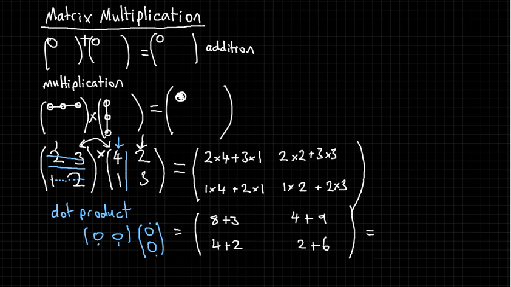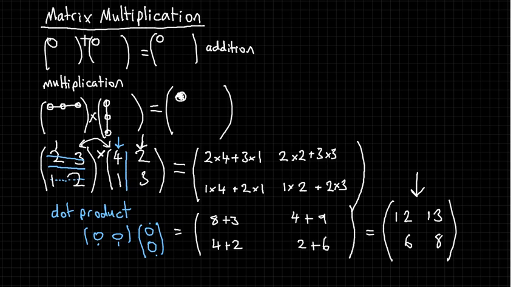And that's going to equal 11, 13, 6, and 8. Oh, I can count. There we go. So this here is the resulting matrix here. Alright, so that's all you need to know for matrix multiplication.